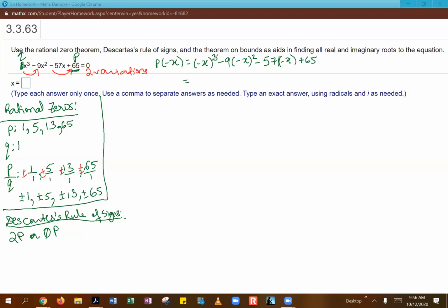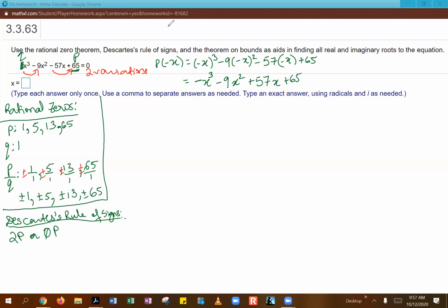So when you clean this up, again, negative to an odd exponent will stay negative, so that's negative x to the 3rd. Negative 9 will stay as it is because negative x to the second power just becomes positive x squared. Negative 57 multiplied with negative x, so negative times negative will become positive 57x, and then positive 65 at the end.